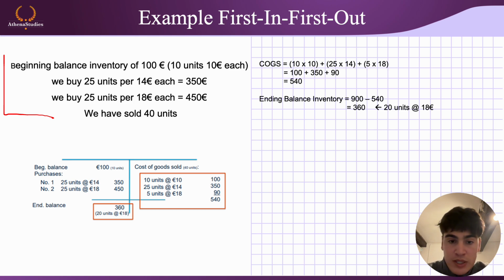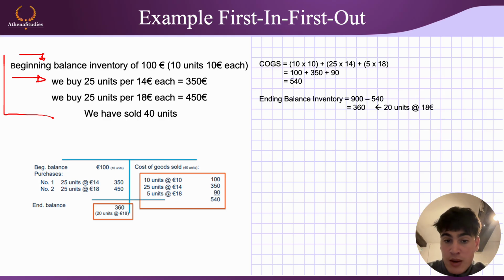The first units to enter the company were these units here, and then these units. Since it is called first in, first out, we will sell first the units that were in the company first. So we have to sell 40 units.